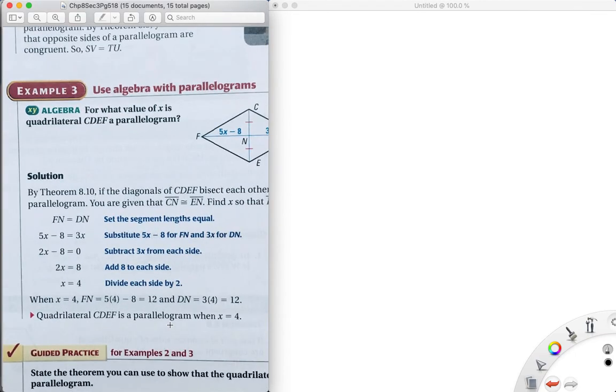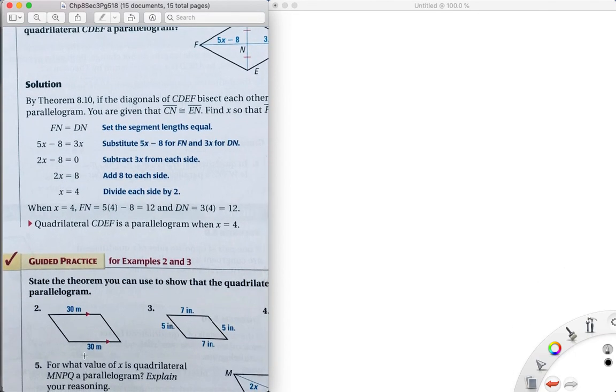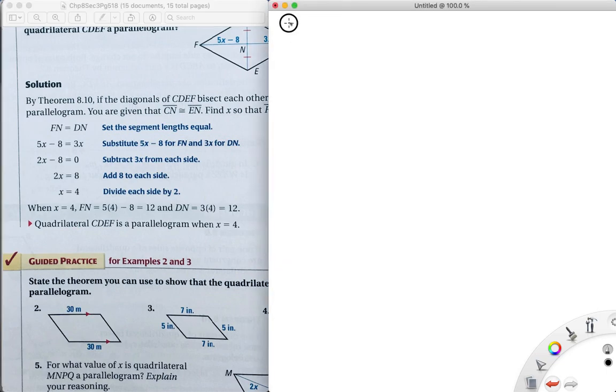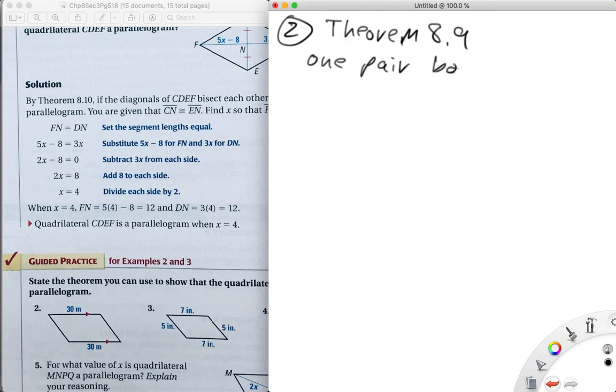Here they want to know how you can show that they're a parallelogram. If you look at number 2, they're both 30 and they're both parallel. Opposite sides, top and bottom, both 30. So for number 2, we can say it's a parallelogram because of Theorem 8.9: one pair is both congruent and parallel.